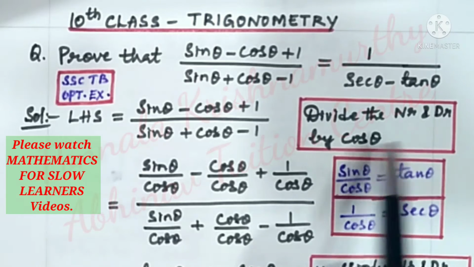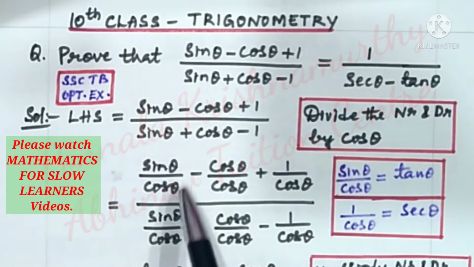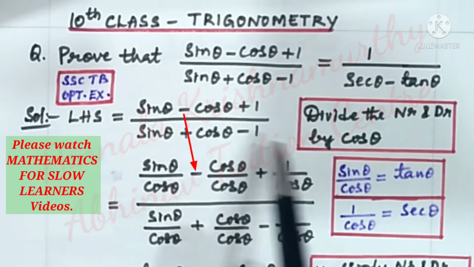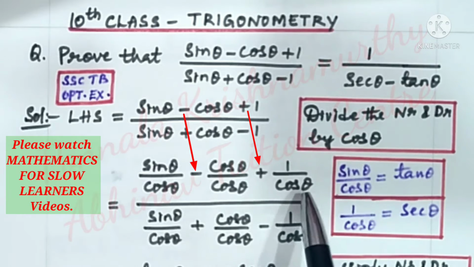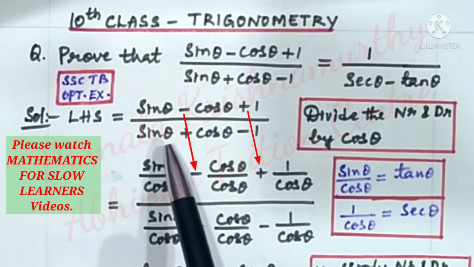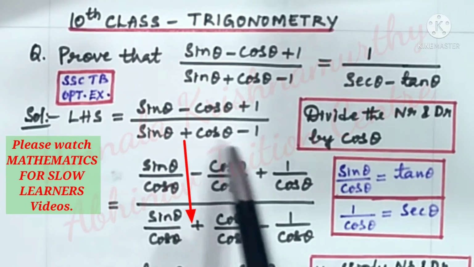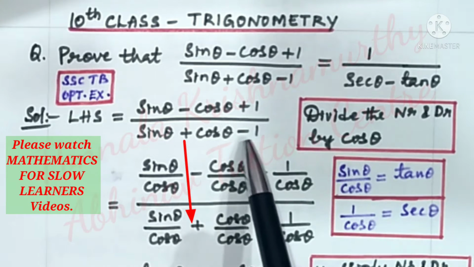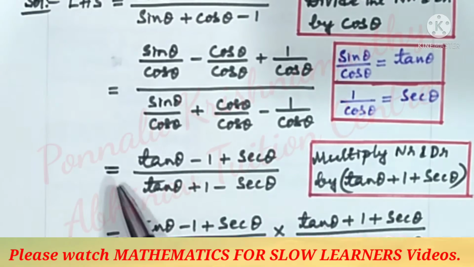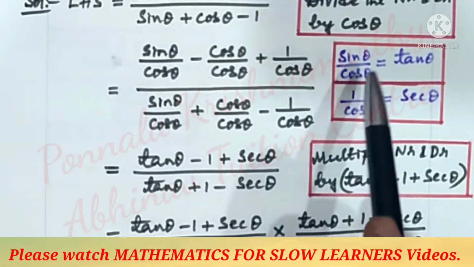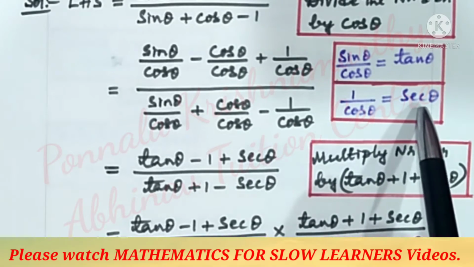Divide the numerator and denominator by cos theta. Sin theta by cos theta minus cos theta by cos theta plus 1 by cos theta, by sin theta by cos theta plus cos theta by cos theta minus 1 by cos theta. We know that sin theta by cos theta is tan theta and 1 by cos theta is secant theta.